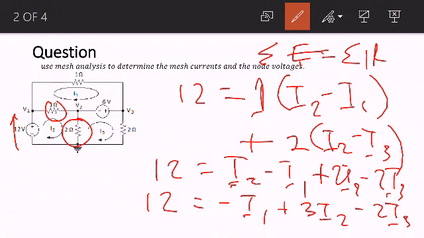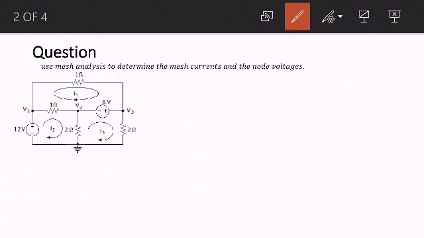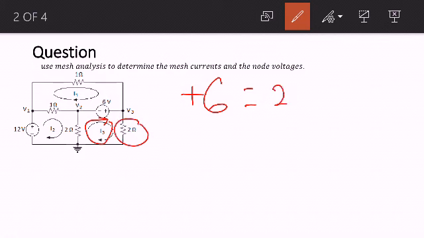Now let's consider the third loop, I3. The total voltage here is plus 6, because if you follow the direction of the loop, it is going from negative to positive. So we have plus 6 equal to, for this one here, only I3 passing through it, so 2I3. Now plus, for this other one in that loop, 2 into I3 minus I2.